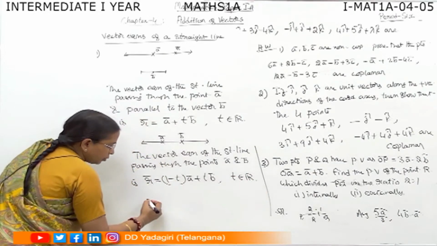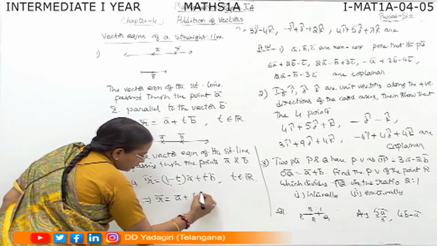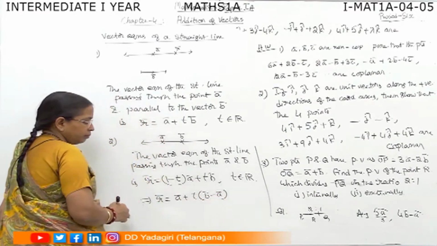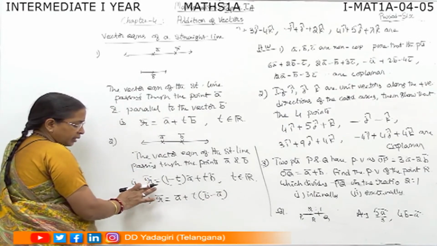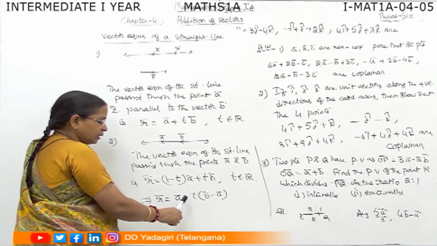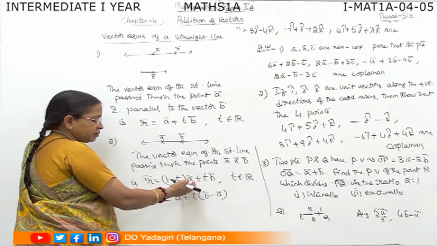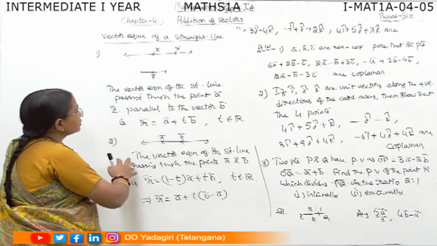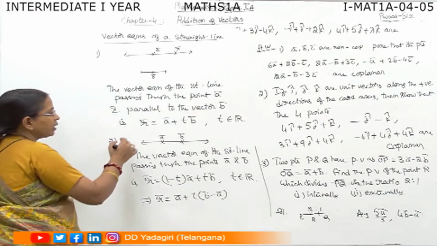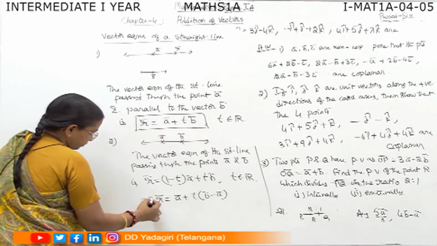You can also write it as r equal to a plus t into b minus a. You can write either form. In some problems we need the form a plus t into b minus a, and in some problems we can use this directly. So this is all about the vector equations of a straight line. Learn these two by heart, and we'll continue in the next period.